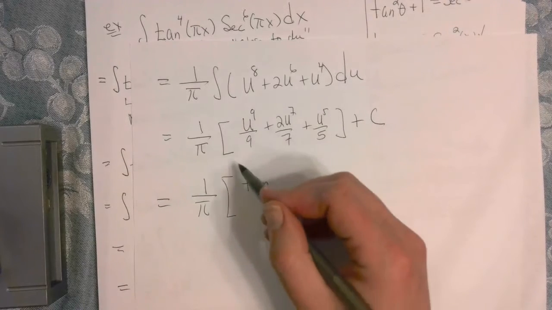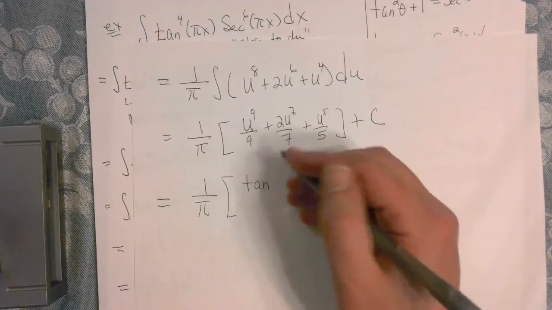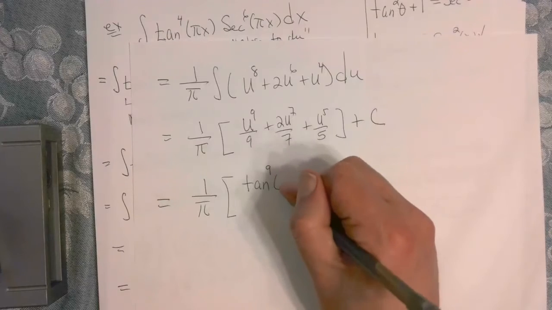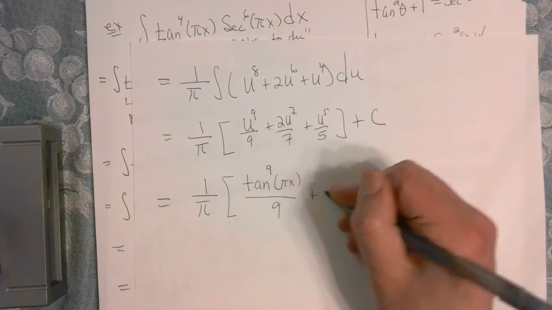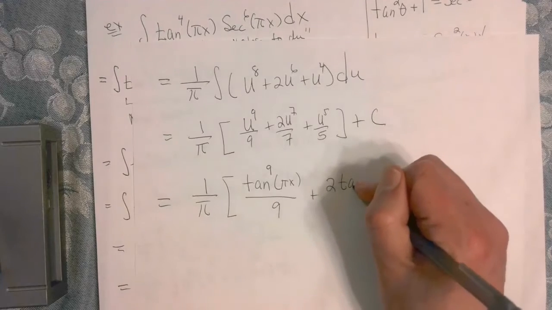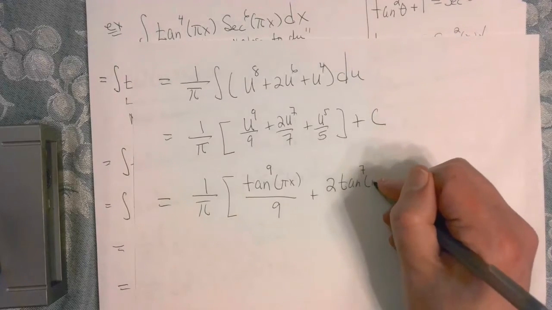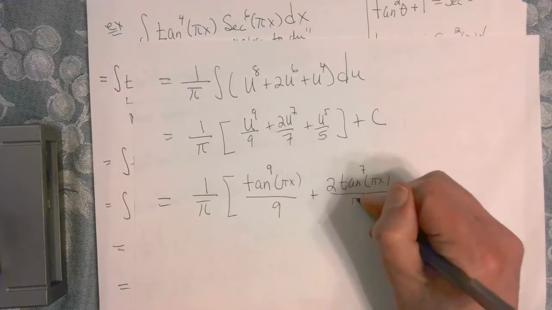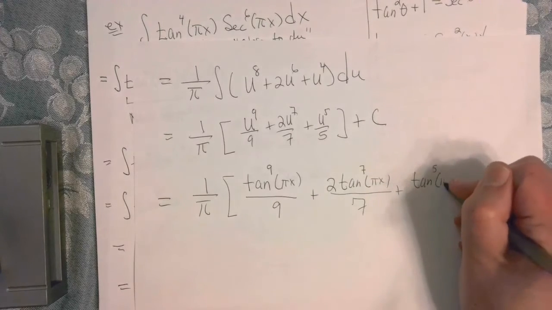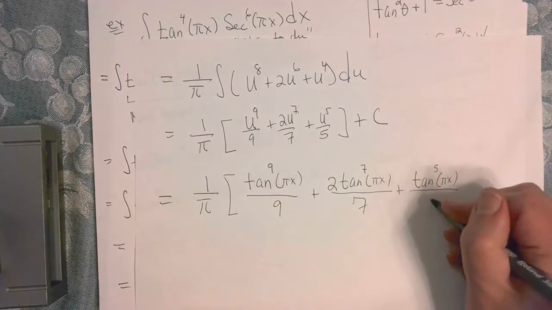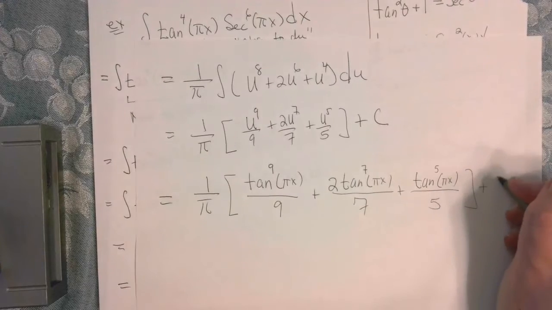I could write it as parenthesis tangent of pi x to the 9th, or I could write it as tangent to the 9th of pi x. That's understood to be the same. Over 9 plus 2 tangent to the 7th of pi x over 7 plus tangent to the 5th of pi x over 5 plus c.